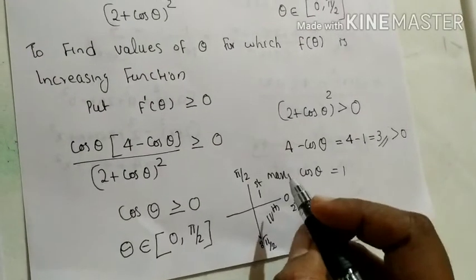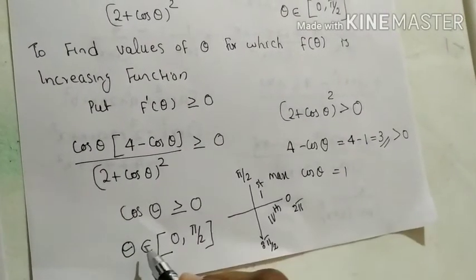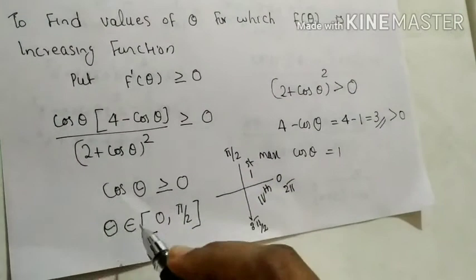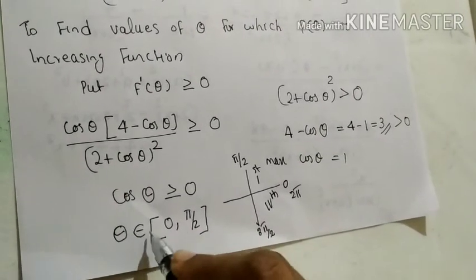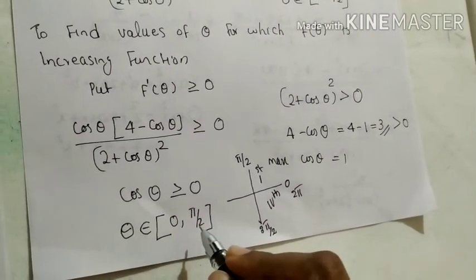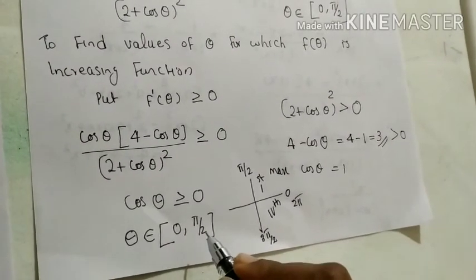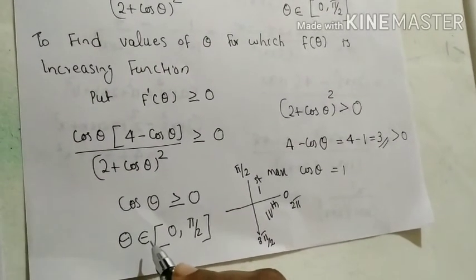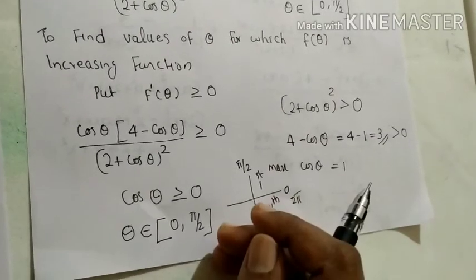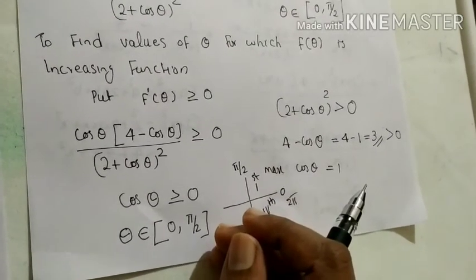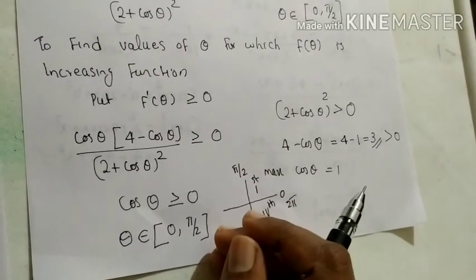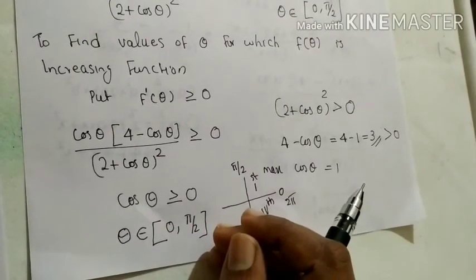But here we need only the first quadrant case. That's why theta lies between 0 comma pi by 2. So we have shown that for theta between 0 and pi by 2, our function is an increasing function.